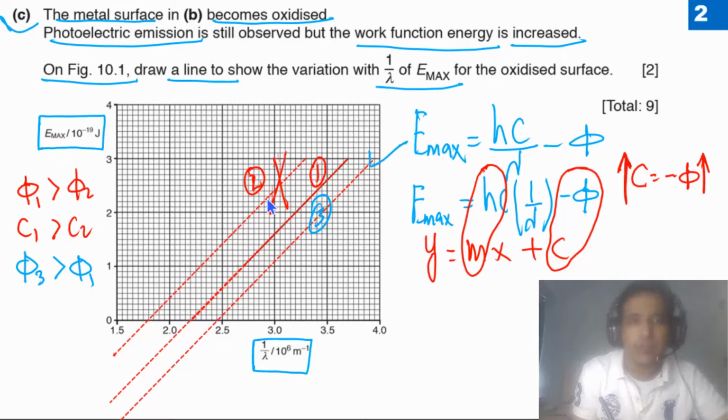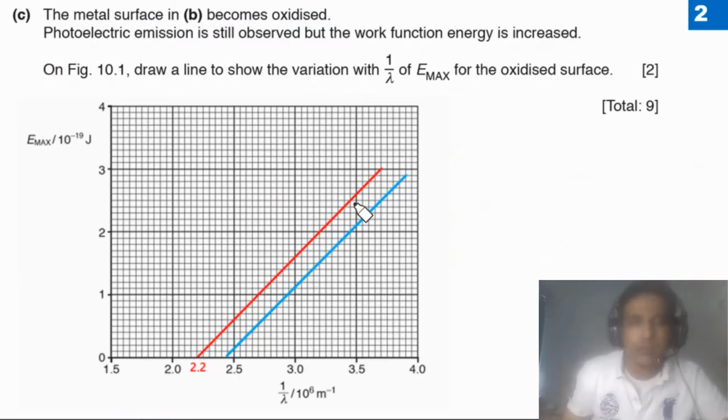So this is the right one and this is incorrect. So simply you need to draw a line below the previous given line, and it has to be parallel and it has to be below. This is what you need to draw for the answer of this question. For the rest, you need to understand why we draw a line like this.